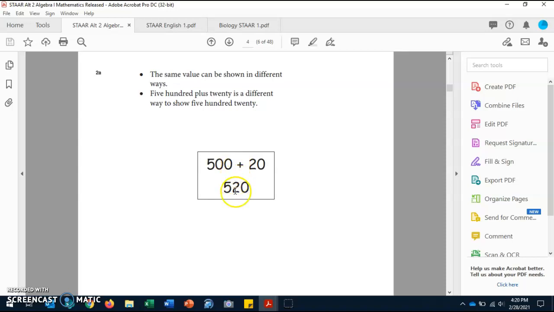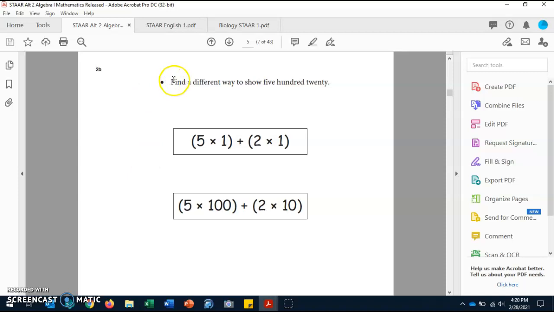Yet it is the same thing. This you do it one way, and this you can do it another way. However, they mean the same. Now here it's asking you, find a different way to show 520.